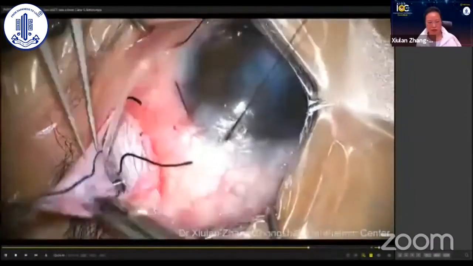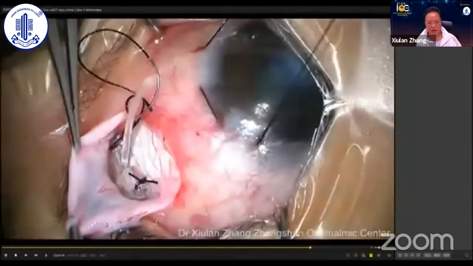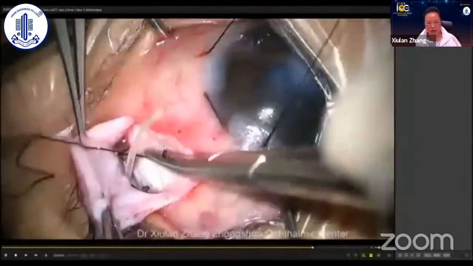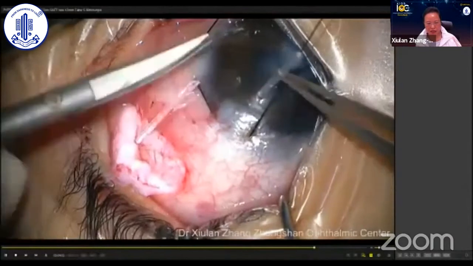I think it's very difficult because the eyeball is so big and the sclera is so thin.